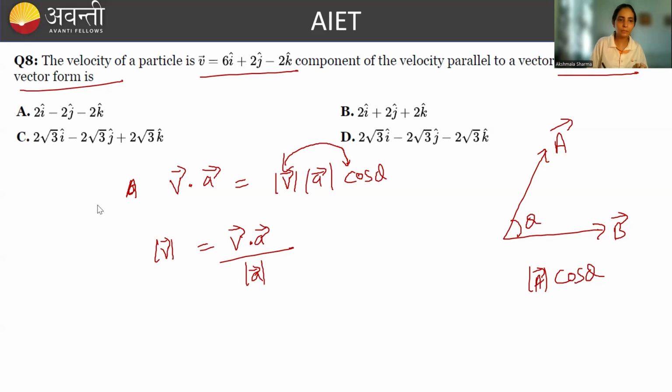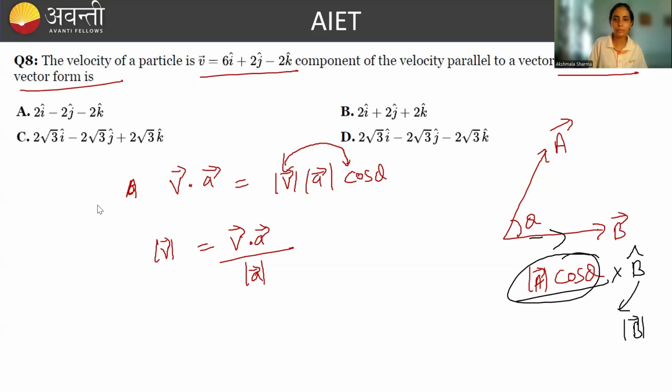So if you see here, the component of A towards B, we know it's mod A cos theta. This component is towards B. So in vector form, this can be written as this into the unit vector in the direction of vector B. The unit vector in the direction of B can be written as B vector divided by the modulus of B, such that it will have the direction of B vector and it will have magnitude 1.